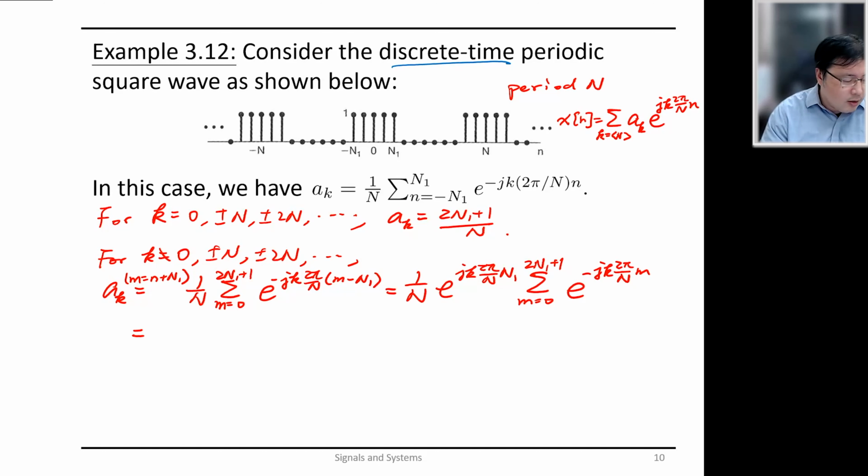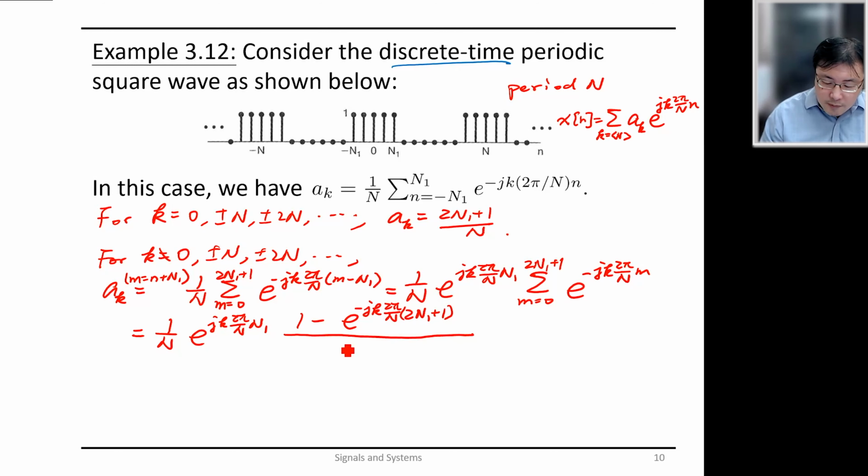By applying the formula for the summation of a geometric series, we can write this summation as 1 minus e to the minus jk 2 pi over capital N times 2N1 plus 1, divided by 1 minus e to the minus jk 2 pi over capital N in the denominator.